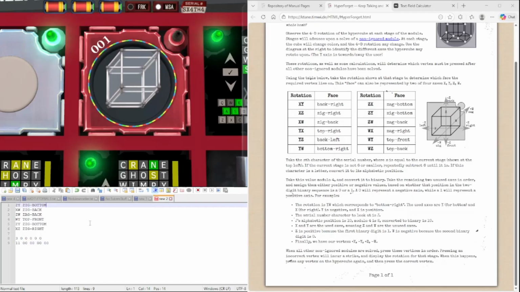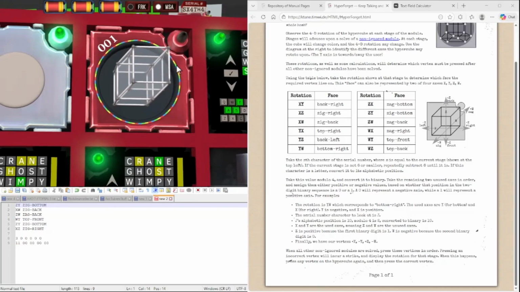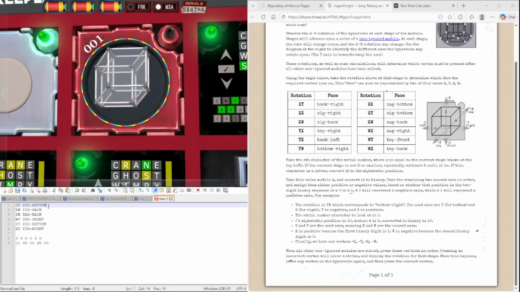So the positive for x and w, right, the positive for the other ones, so we've got zig and bottom.